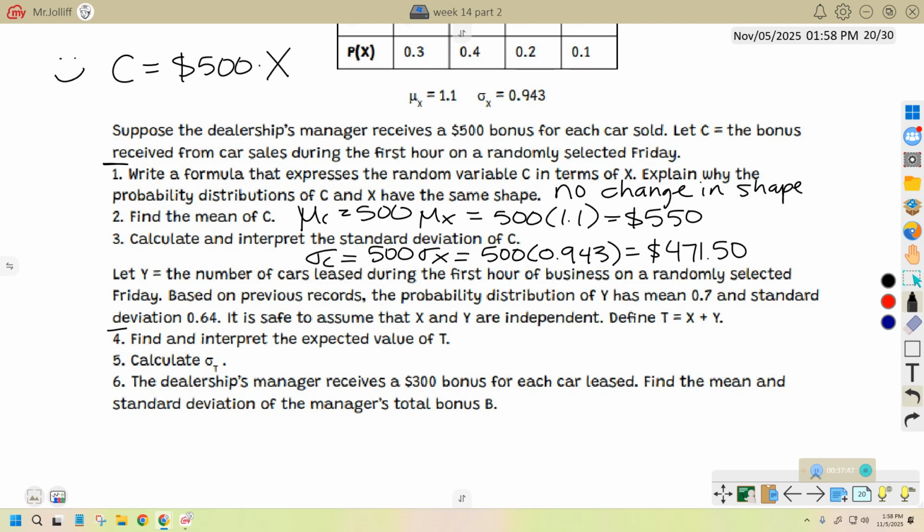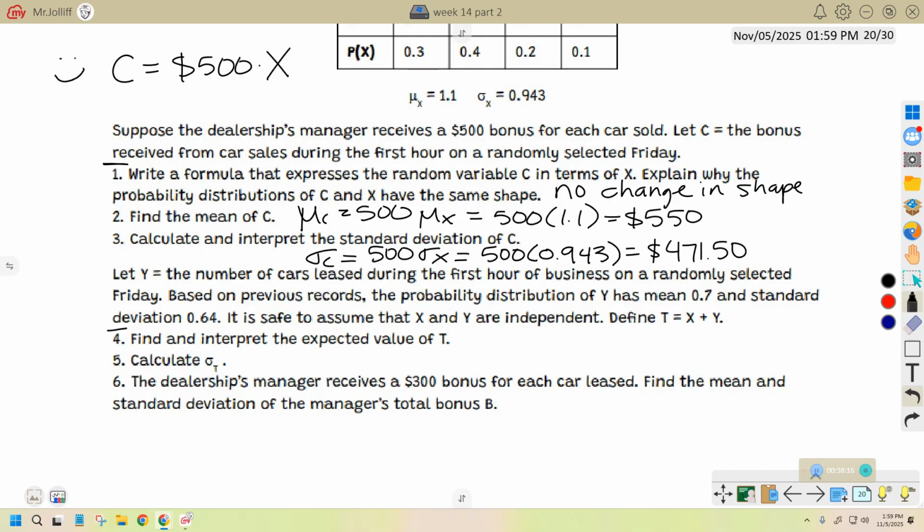Okay, number 4. Based on what Yari said, they've given us a new variable t. T is x plus y. X was number of cars sold. Y is number of cars leased. It says find and interpret the expected value.